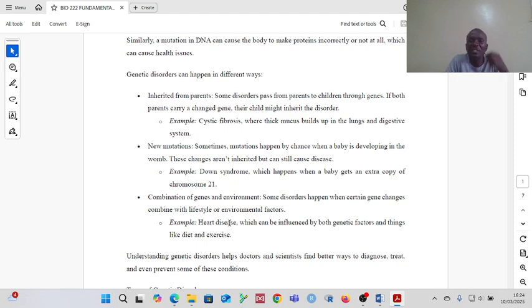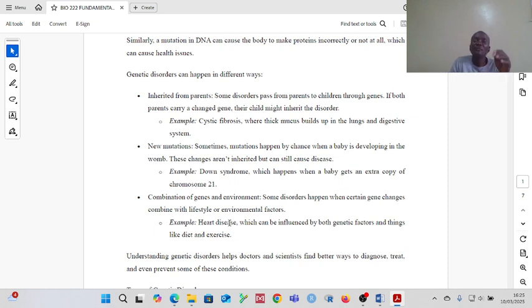Okay? So it's a combination of a gene that changed, a mutation that happened, but then the environment is conducive for the expression of that mutation. If the environment is not conducive, then likely the effect of that gene will not be felt. But if the environment favors the expression of that gene, then we'll see the effect being present. Okay?